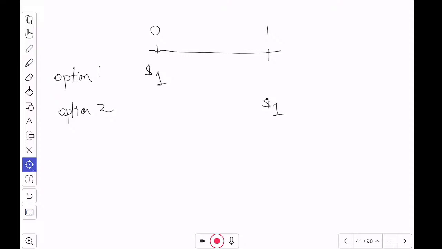I'm repeating what I've said before about time value of money, but this is just another way to capture the concept. Would you prefer $1 today or $1 in the future? Option 1 or option 2?